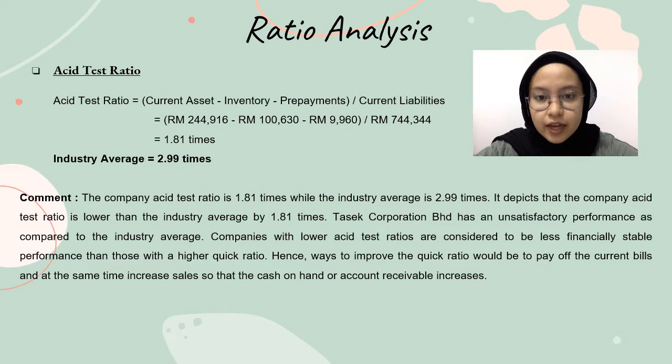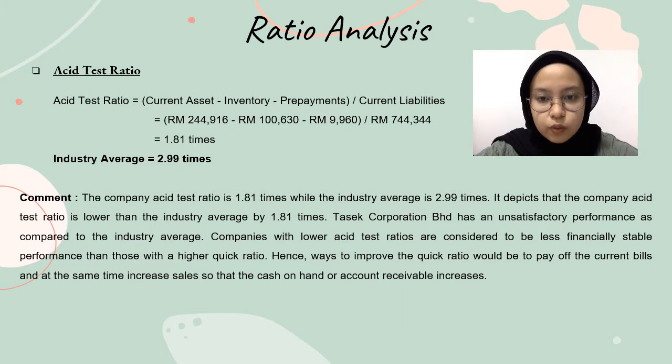So the company asset test ratio is 1.81 times, while the industry average is 2.99 times. It depicts that the company asset test ratio is lower than the industry average by 1.81 times. Tasek Corporation Berhad has an unsatisfactory performance as compared to the industry average.